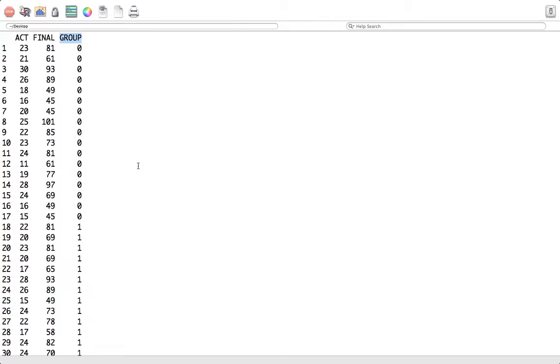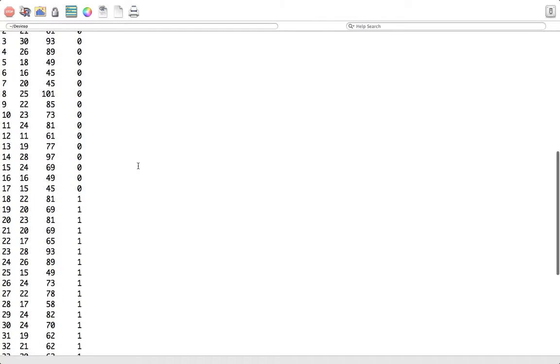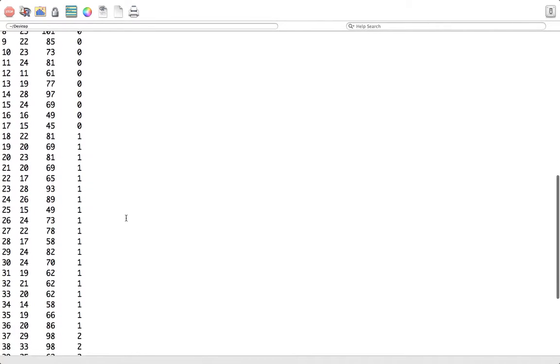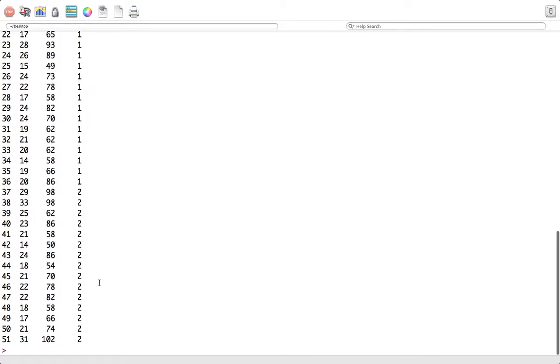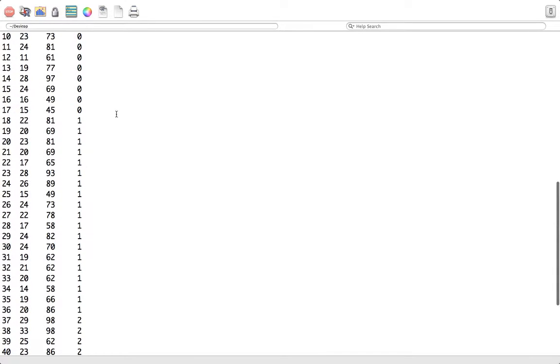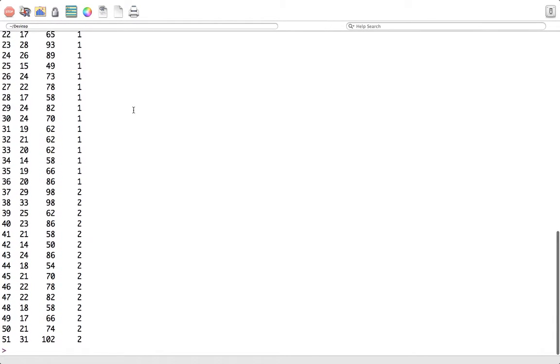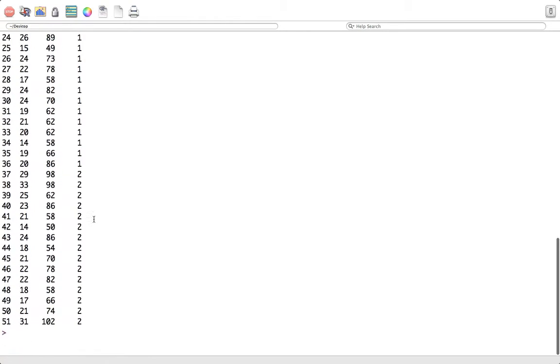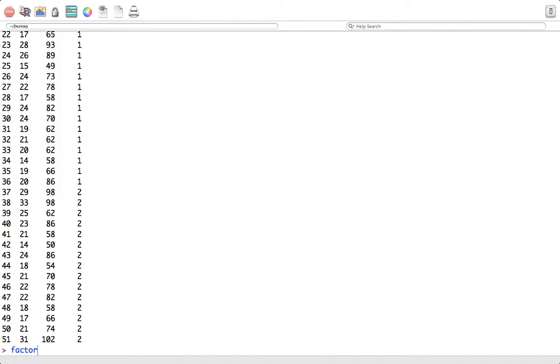Long story short, you and I know that this stands for traditional instruction, traditional instruction with an online system, and traditional instruction with my stat lab, and so on and so forth. I think actually I said non-traditional earlier, but it's traditional instruction. But R doesn't see it that way. It sees zero as absence of value, 1 being a unit and 2 being 2 units. So the first thing we've got to do is turn this into a factor, a categorical variable. So what I'm going to do there is I'm just going to call it factor.